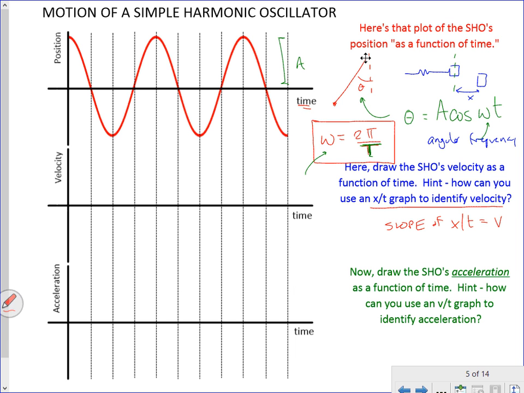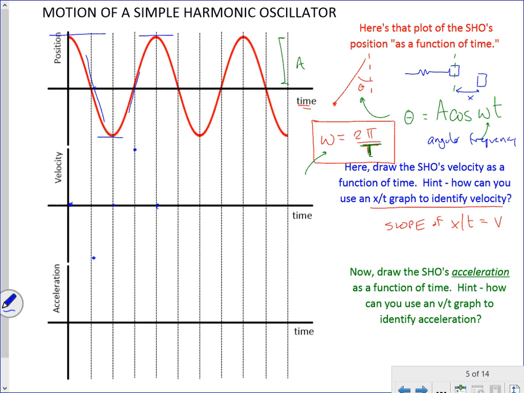So this says that, well, the slope of this curve at that instant is 0. The velocity is 0. The slope at this instant, big and negative. Velocity, big and negative. Slope at this instant, 0. Velocity, 0. Slope at this instant, big and positive. Velocity, big and positive. Slope is 0.